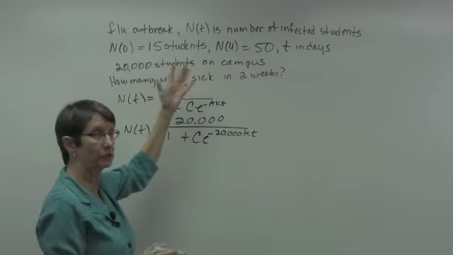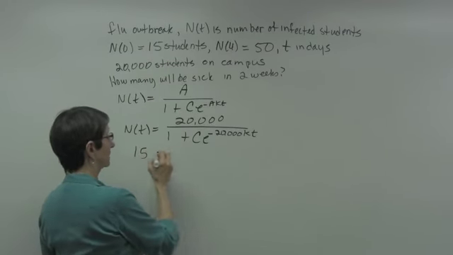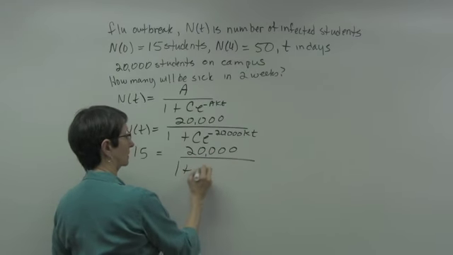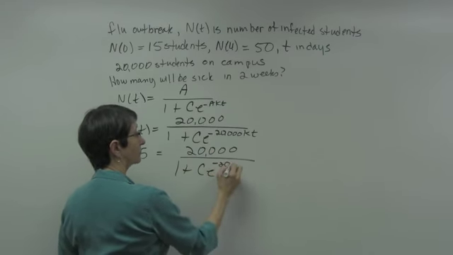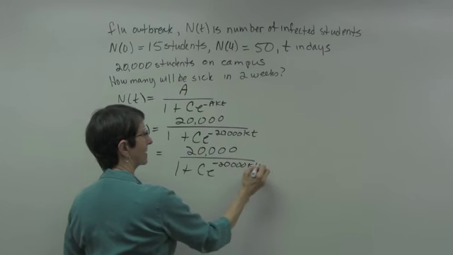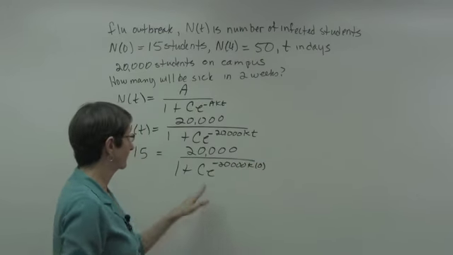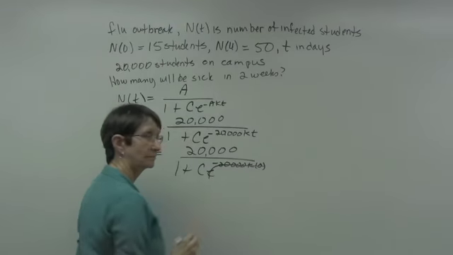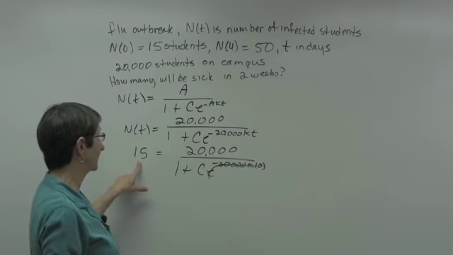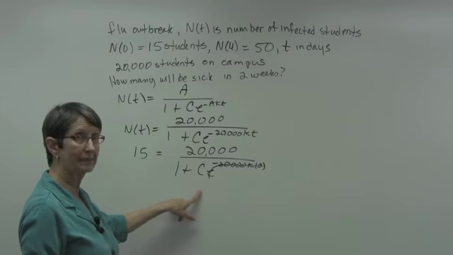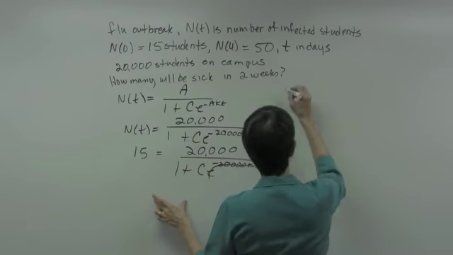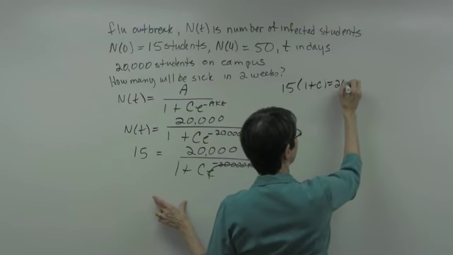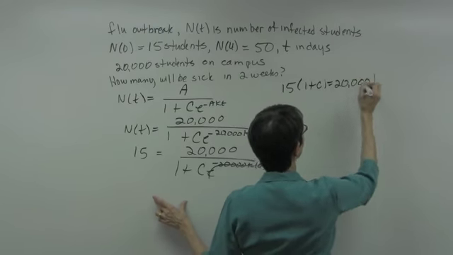N of 0 is 15 students. N is 15 when T is 0. And negative 20,000 times K times 0 is 0, so this is e to the 0, which is 1. So I have 15 equals 20,000 over 1 plus C. I multiply across: 15 times (1 plus C) equals 20,000.